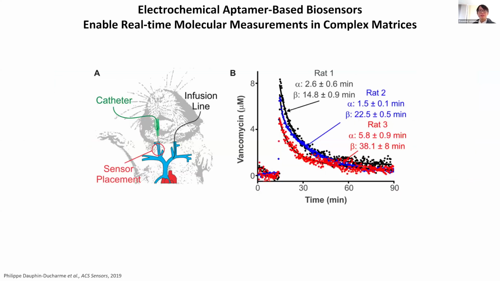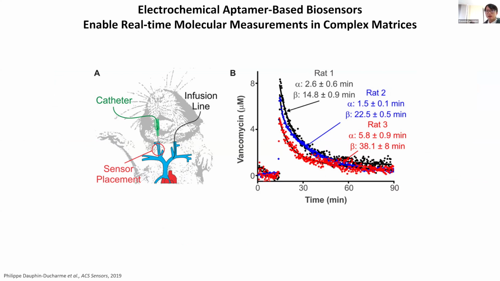This sensing platform is very advantageous for this specific application because, first, we can miniaturize the sensor and place it on a catheter. Since we use electrochemistry to transduce the binding signal into a measurable signal, we can get the sensor response very fast, at second resolution.